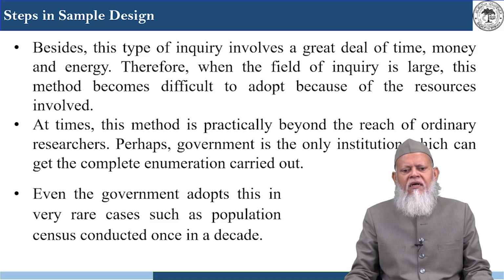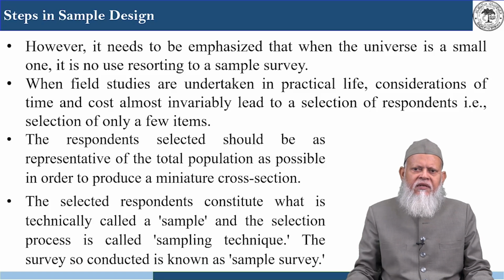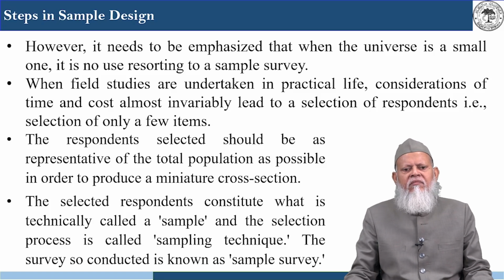And this is why the government is the only institution which gets the complete enumeration of its population. Even the government adopts this in very rare cases, once in 10 years or so.